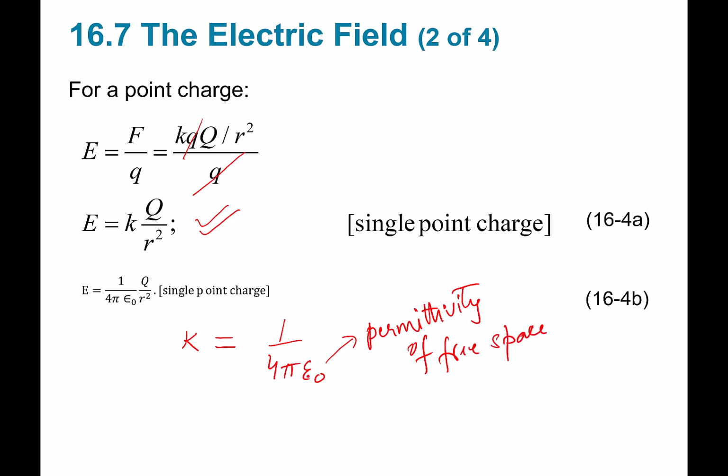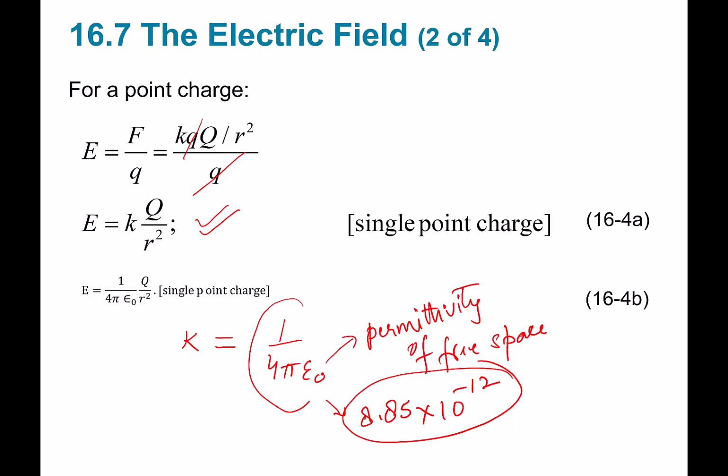It has a value of 8.85 cross 10 to the power of minus 12. If we calculate 1 over 4 pi epsilon naught, it comes out to be equivalent to 9.0 cross 10 to the power of 9 Newton meter square per Coulomb square. The actual value is 8.99, but we round it for calculation purposes to 9.0.